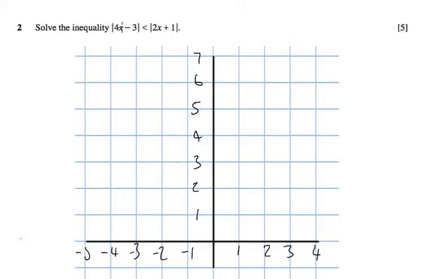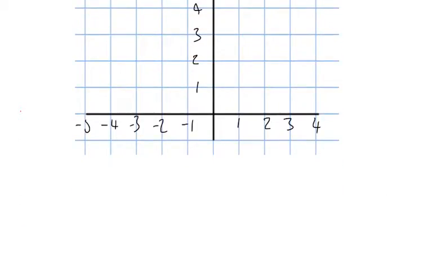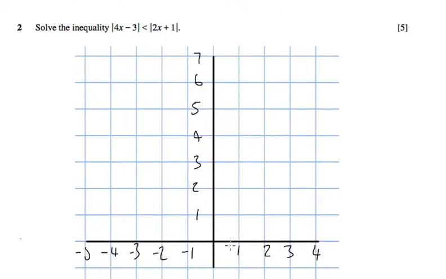So, first thing I need to do is draw the graphs of these two functions here. Mod of 4x minus 3 is the first one. If you think of that as a straight line graph, it would normally go through minus 3 on the y-axis, so down here somewhere, and it would have a gradient of 4, so it would go across 1 and up 4, across 1 and up 4, and so on.